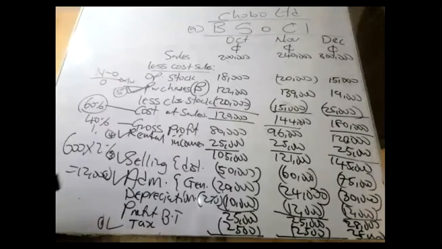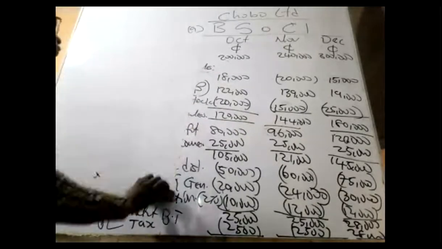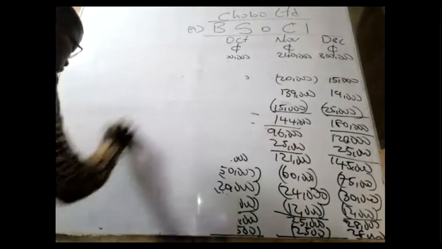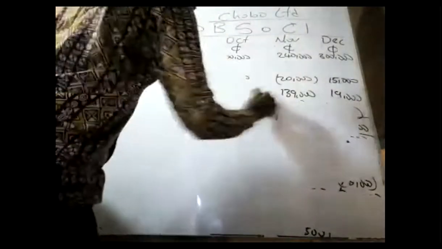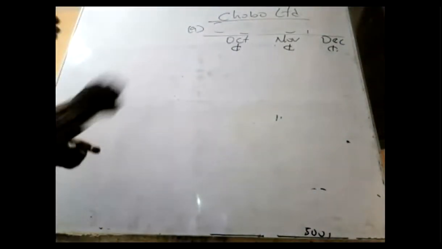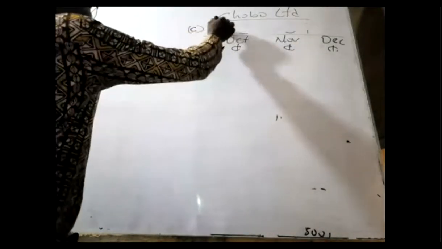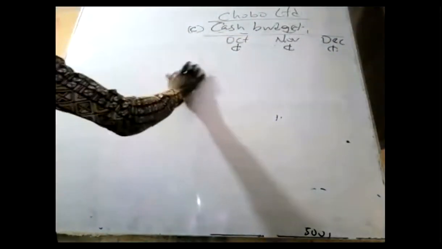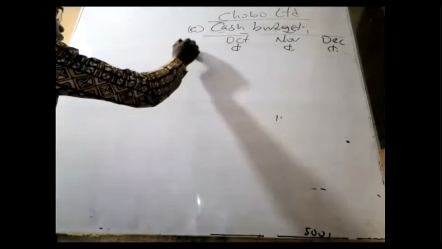Okay, so quickly, start with the cash budget. Again, for the cash budget, let me just clean this one and tell the examiner: cash budget. For the cash budget, as we explained the previous time, we start with the receipts.